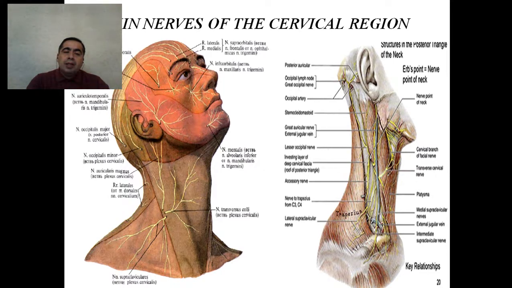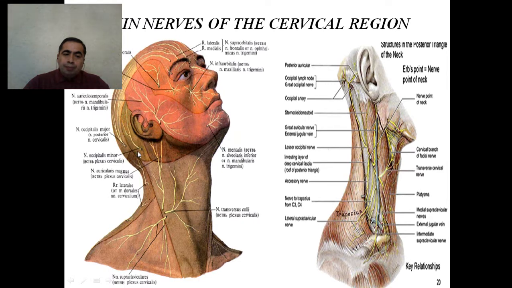Other nerves are divided into the medial and the lateral branch for innervation of the skin of the trunk and the neck also.